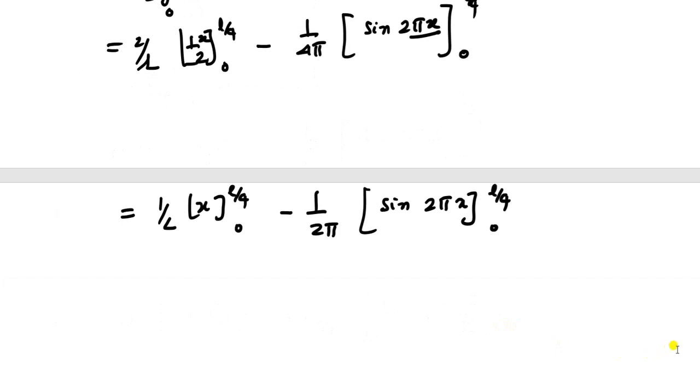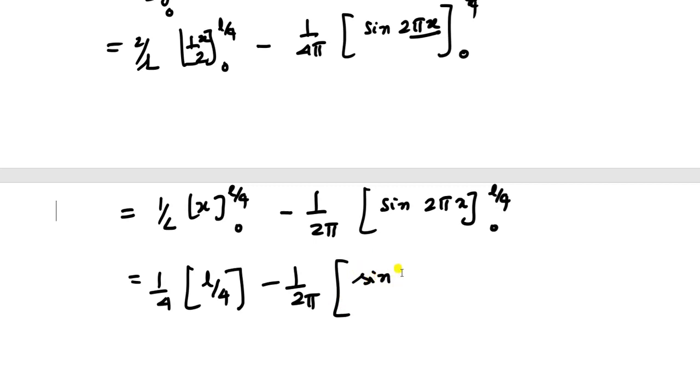Again, just simplify. Then by expanding, that is 1 by L, so it is x, L by 4 minus 0, and minus 1 by 2 pi, sine 2 pi into L by 4 minus sine 2 pi into 0.